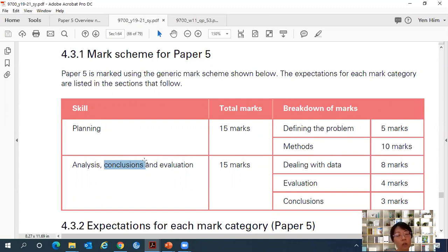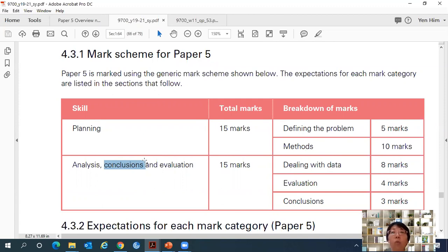So today we will look at the planning, which is also a revision for you because I've done it in AS. I've stressed it a lot in AS. So now for A2, you'll find it's very easy for the planning part because you're already quite familiar with it. So I would like to spend the first part of today's session on planning, and the second part will go straight into doing a past year question.